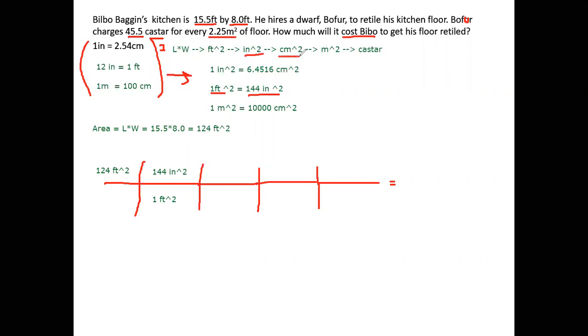Next, we got to do centimeters squared. So in our conversion of inch squared to centimeter squared, inch squared will go on the bottom, centimeter squared will go on top.